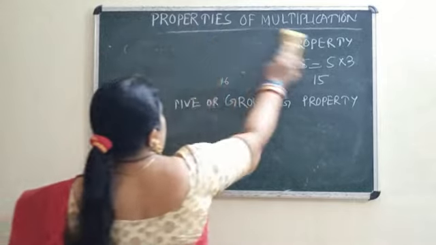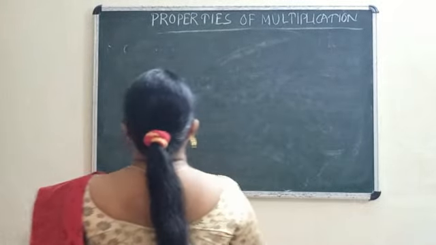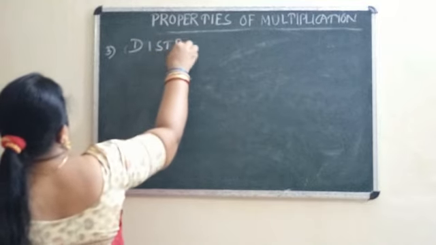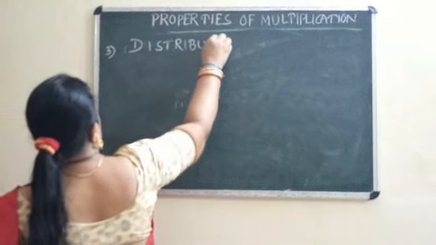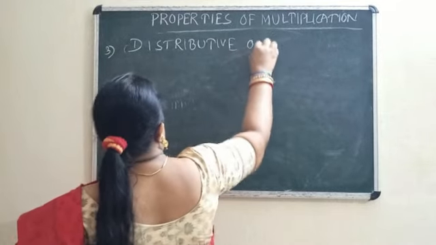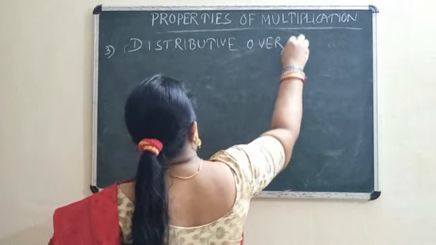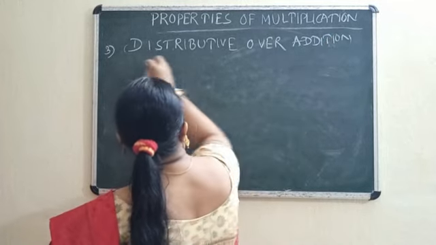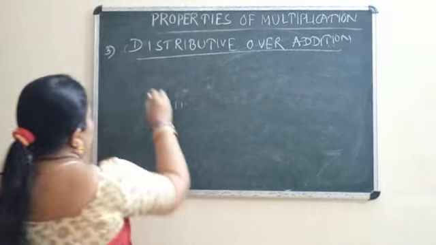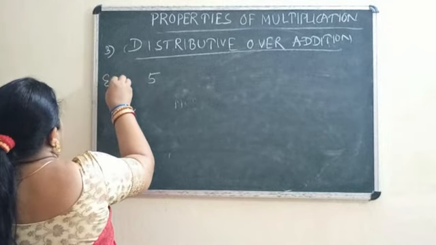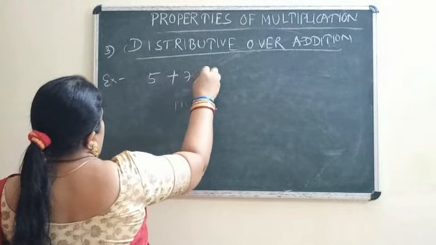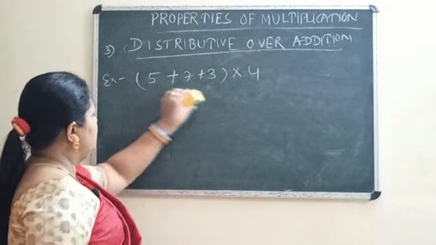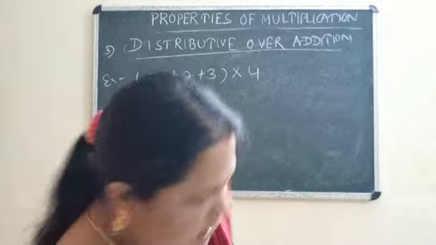Then come to the third one. The third one is your distributive over addition. This is one example: 5 plus 7 plus 3, multiplied by 4. Clear?